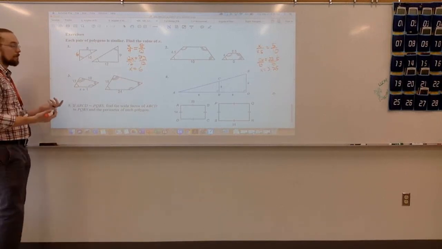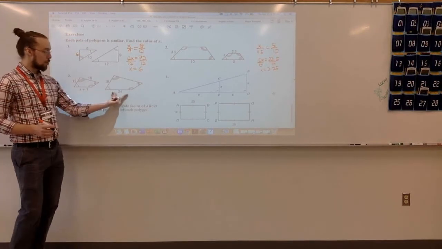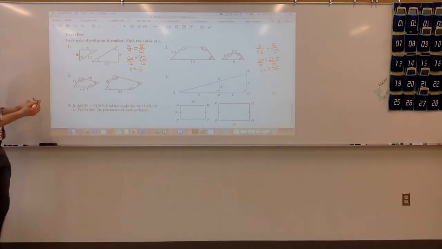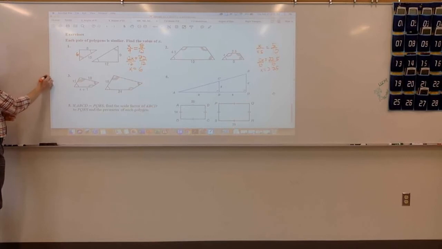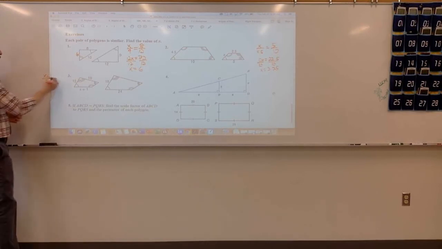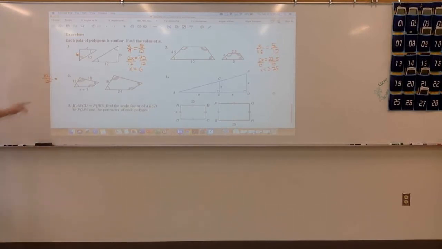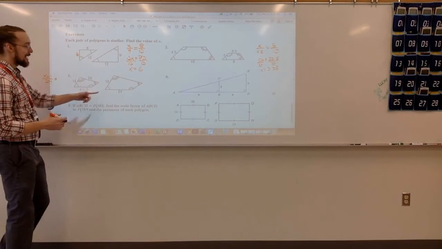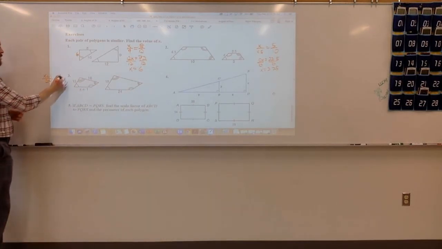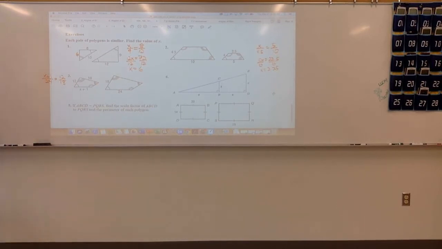It's x plus 1. So that will obviously correspond to this side of 24. So I can set this up, my first fraction, as x plus 1 over 24. Then I need to pick a pair of sides where I know both values, 12 and 18. So I can say x plus 1 over 24 equals 12 over 18.